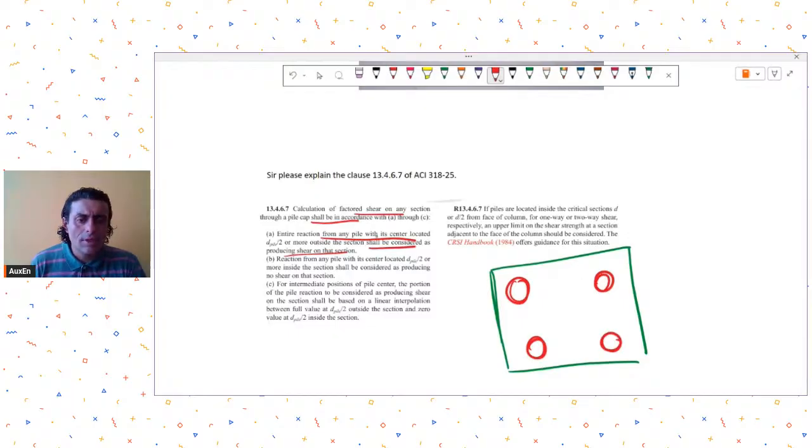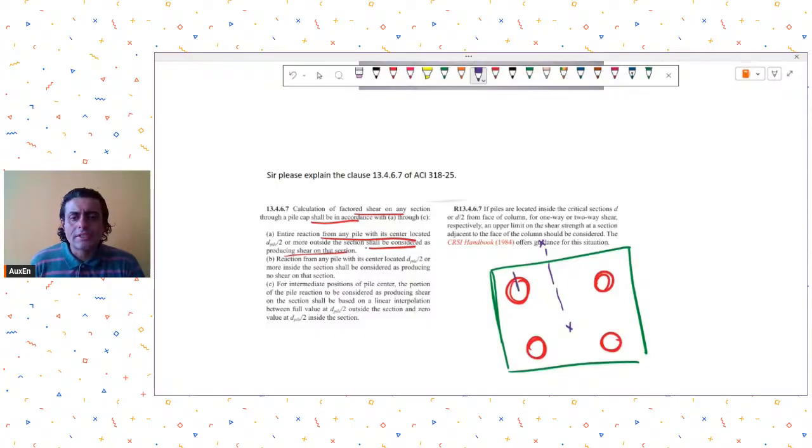Entire reaction from any pile with its center located d/2 or more outside the section. So for example, if this is my section, this is XX section, over here I want to calculate the shear on this section. So entire reaction from any pile with its center located d/2 or more outside the section shall be considered as producing shear.